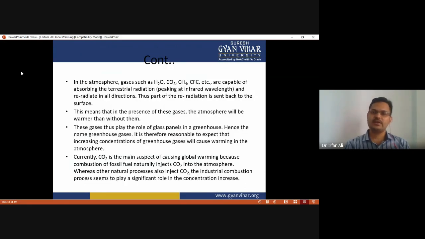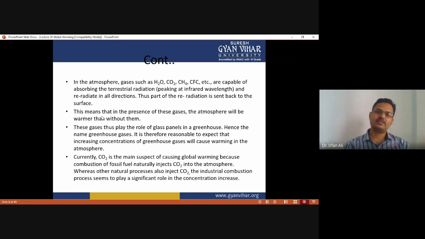In the atmosphere, gases like water vapor, carbon dioxide, methane, and chlorofluorocarbon are capable of absorbing the terrestrial radiation, peaking at infrared wavelength, and re-radiate in all directions, and thus part of the radiation is sent back to the surface.